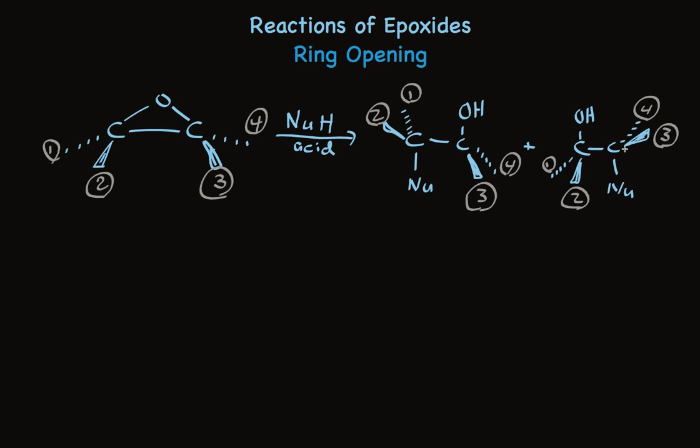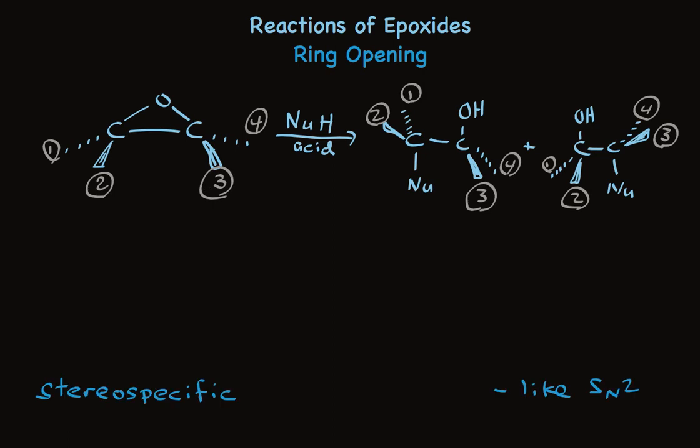Again, as before, I've numbered the substituents on the epoxide so we can notice that this truly is a stereospecific reaction. In the reactant, we start with substituents 1 and 4 back behind the molecule away from us, and we end up with 1 and 4 in the product back away from us. And 2 and 3 are toward us, both in the reactants and in the products.